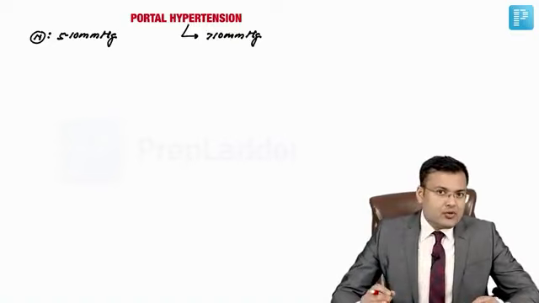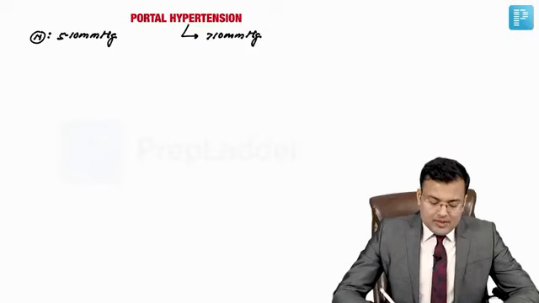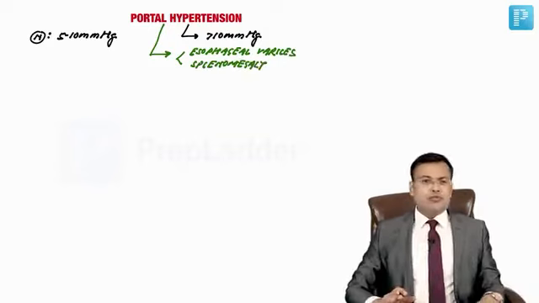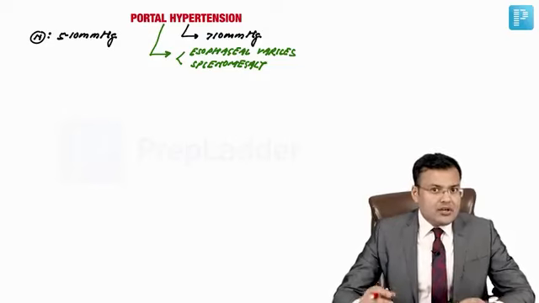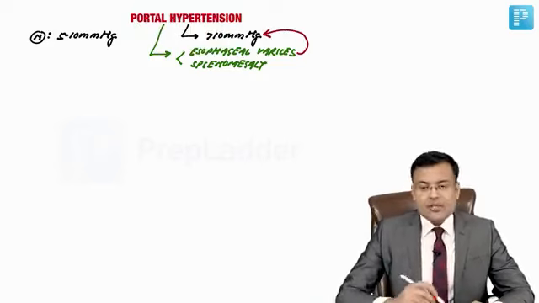There are two universal manifestations of portal hypertension: one is esophageal varices and the second is splenomegaly. It will be seen in all patients irrespective of etiology. Another important point, at what pressure does esophageal variceal formation begin?